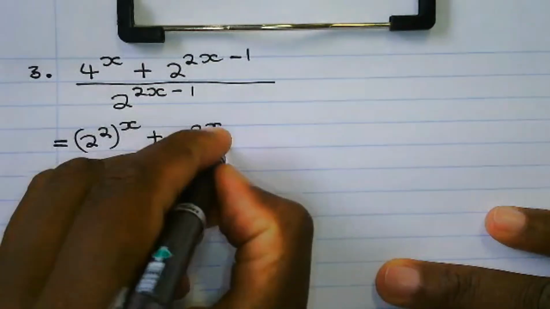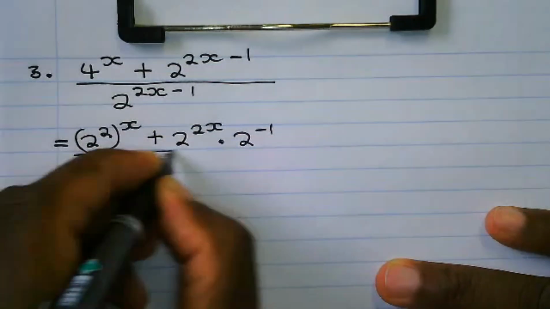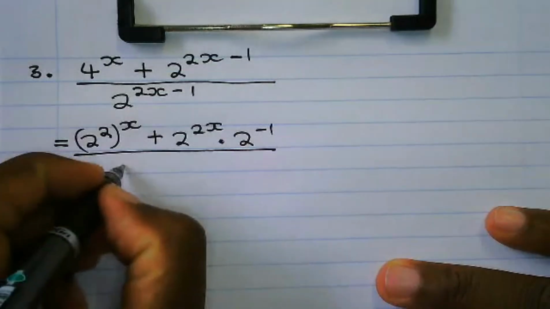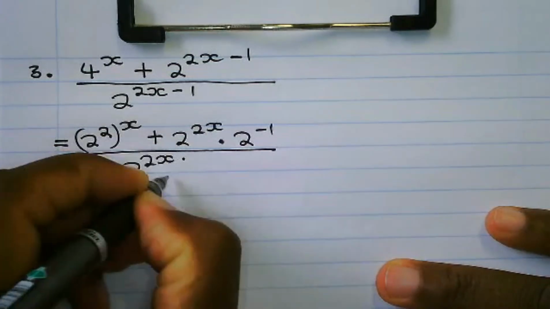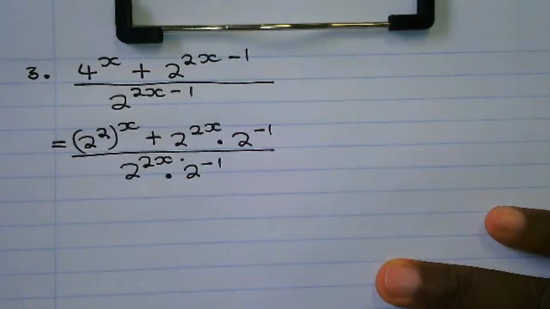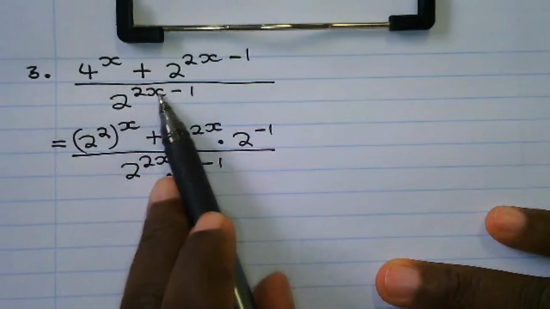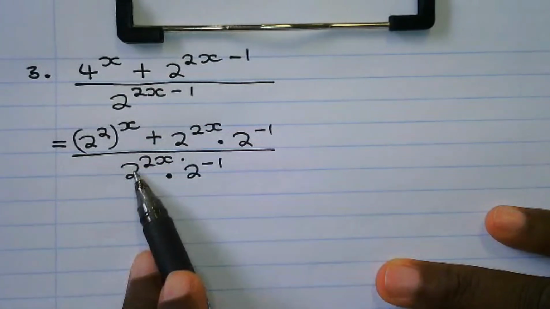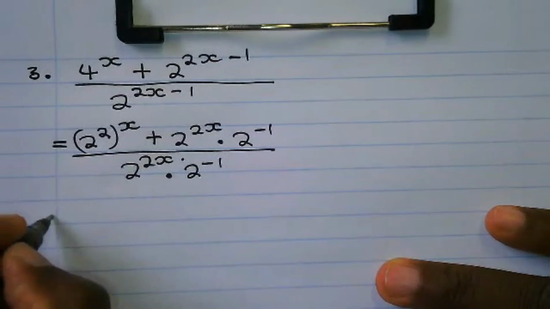There is minus 1 here, let's separate, so it's 2 to the negative 1 there. This is over 2 to the 2x, and then separate, we have a 2 with a negative 1 there. So 2 raised to 2x minus 1, I've written it as 2 raised to 2x times 2 raised to a negative 1.